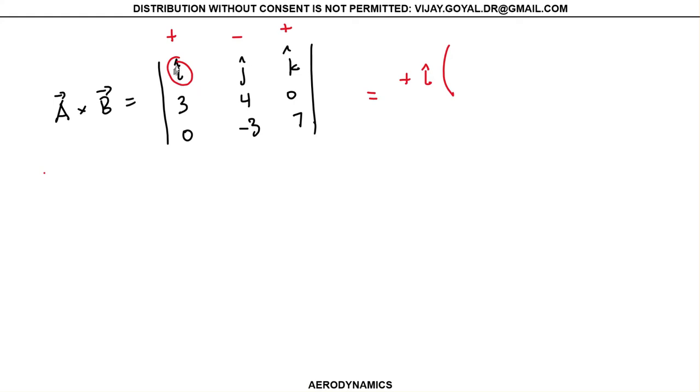Then you eliminate this column and this row, and you cross multiply. So you do 4 times 7 minus 3 times 0. Then you repeat the whole thing again.